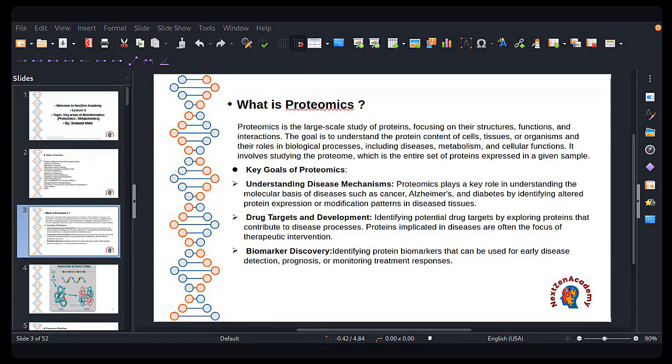So how many amino acids are there, if we talk in general? How much do you guys know about proteins? Yeah, there are 20 amino acids. Can you name any of them? What are the 20 amino acids?